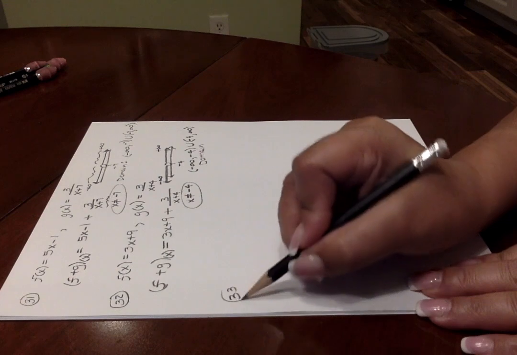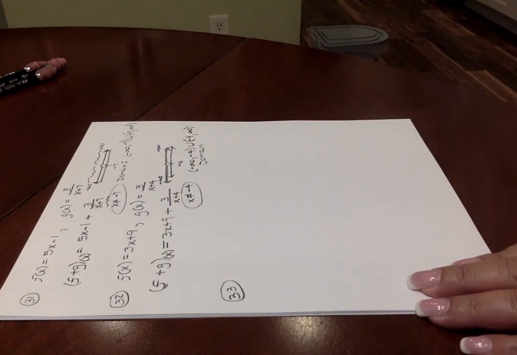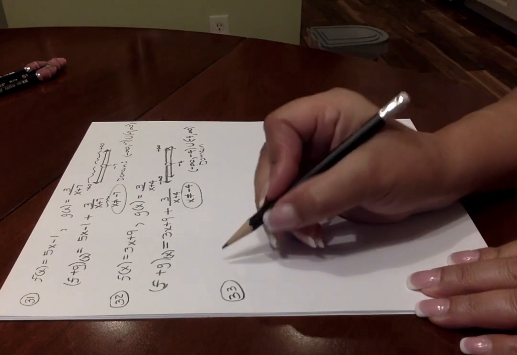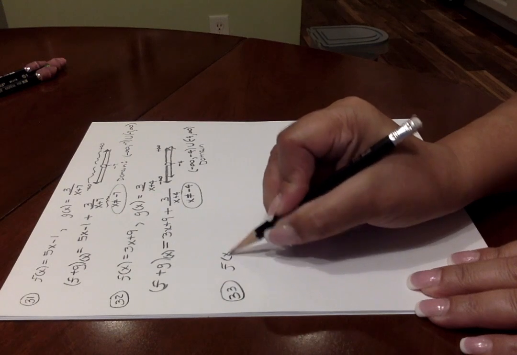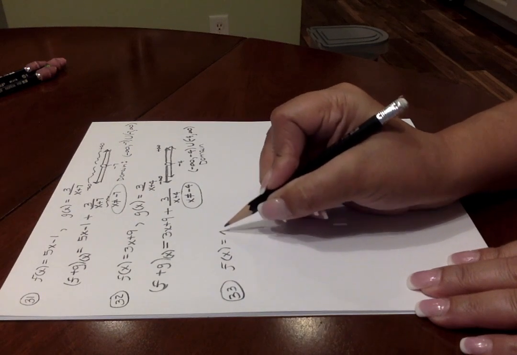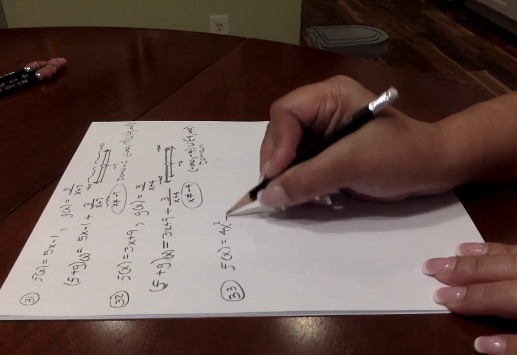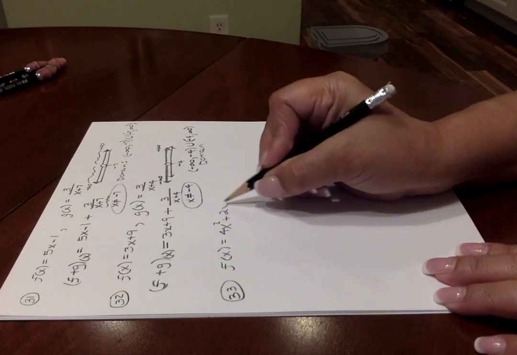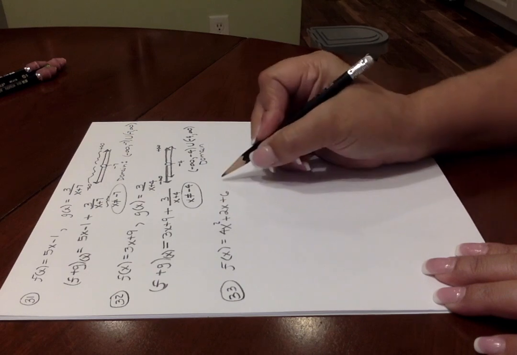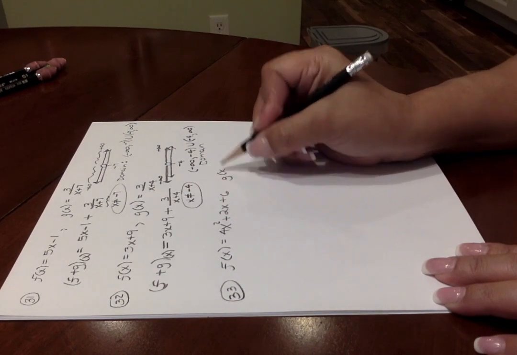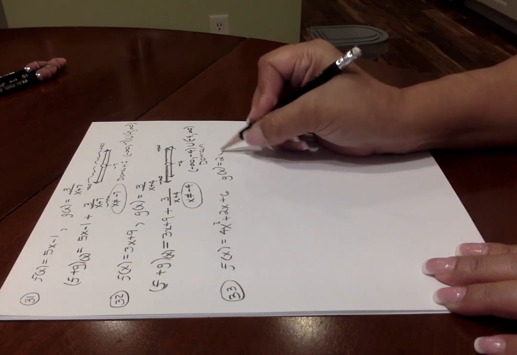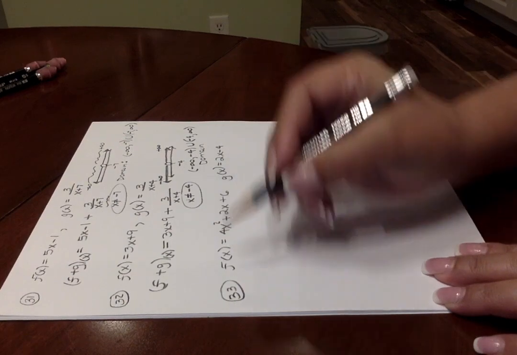Okay, picking up with number 33, you're given two functions. f of x is equal to 4x squared plus 2x plus 6. You're given a g of x function, which is just a nice linear function, real simple.